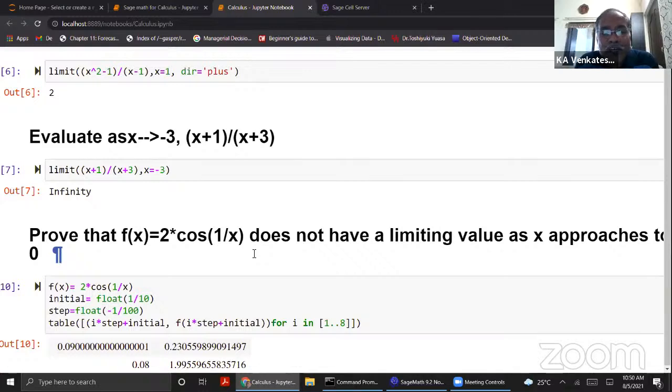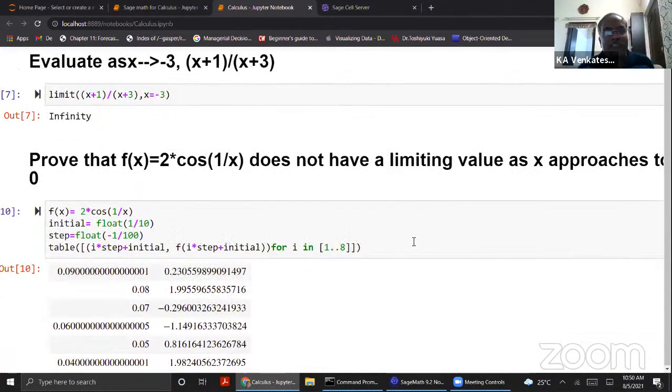f of x equal to 2 star cos 1 by x does not have a limiting value as x approaches 0. So just type the code in your Sage cell. I'll give some time, then we can go for it. Others also, please open your laptop, go to Sage Math Cell, and type this code. We'll go slowly.